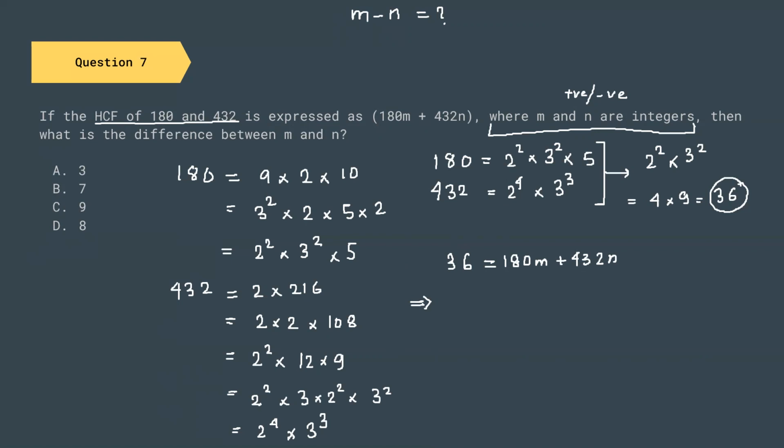So 180 divided by 36 gives us 5. So on the right hand side, I can write 5 into 36m, and check if we can divide 432 with 36 or not. So we will have 432 divided by 36, so we will have 12 into 36n.